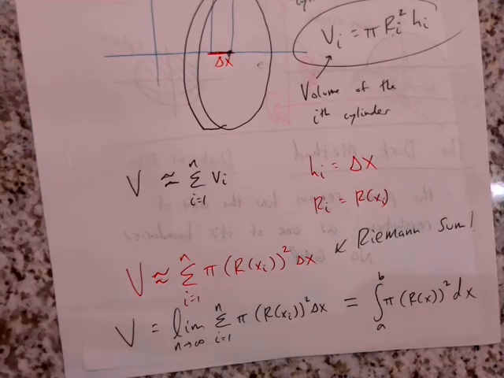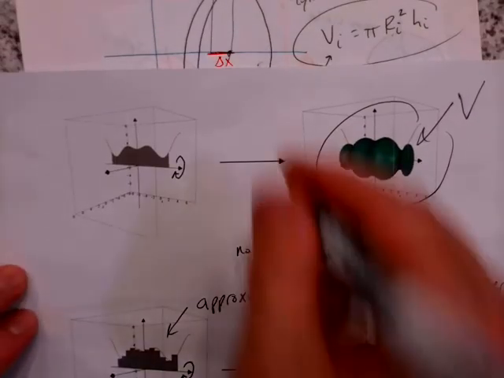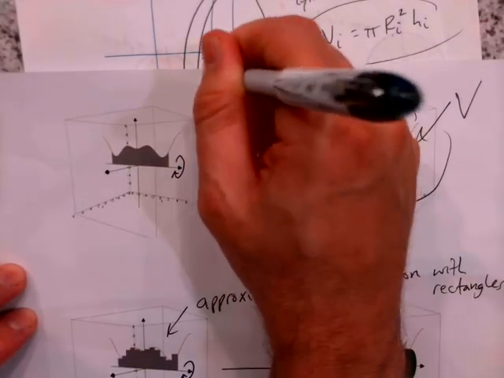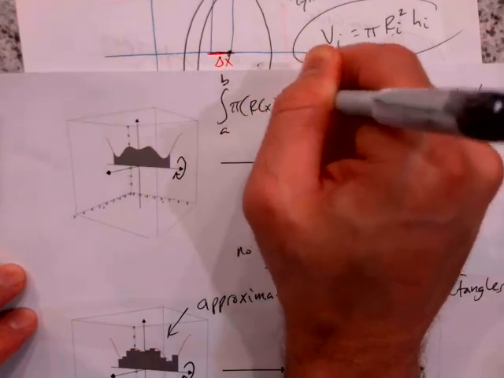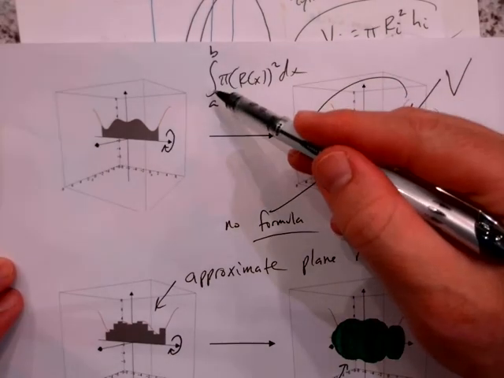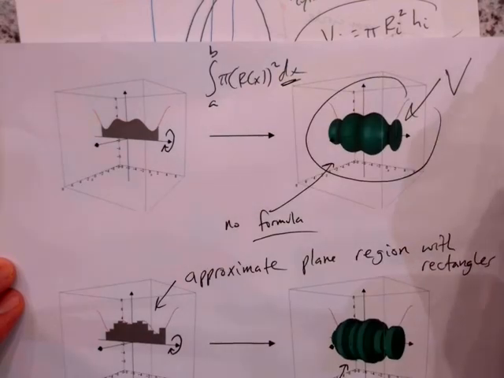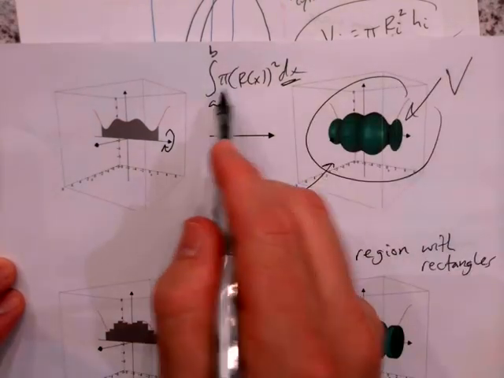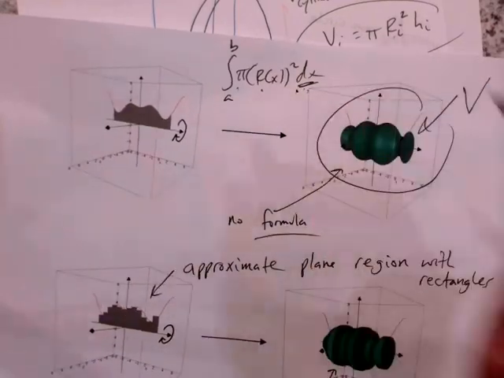So basically, to find the volume of this region, which is this expression right here, you just take the sum, an infinite sum, of all these cylinders that are infinitely skinny and whose volume is pi r squared h. But since they're on their sides, h is dx, which is infinitely skinny.